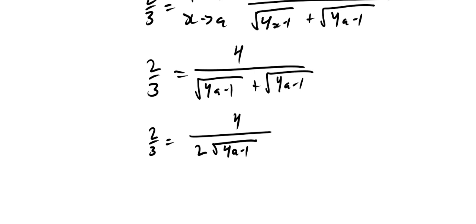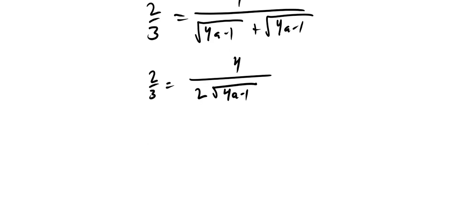Then I do the good old cross multiplication to simplify: multiply both sides by 3 and by that radical. 2 times 2 is 4, so I get 4 times the square root of 4a minus 1 equals 4 times 3.